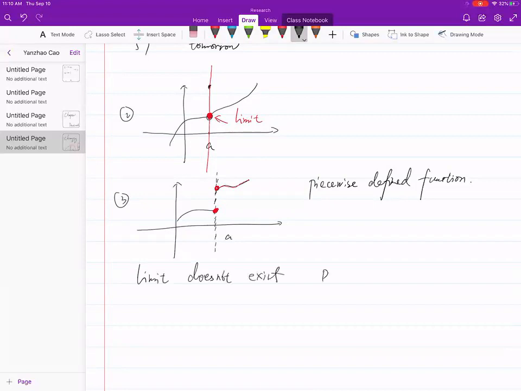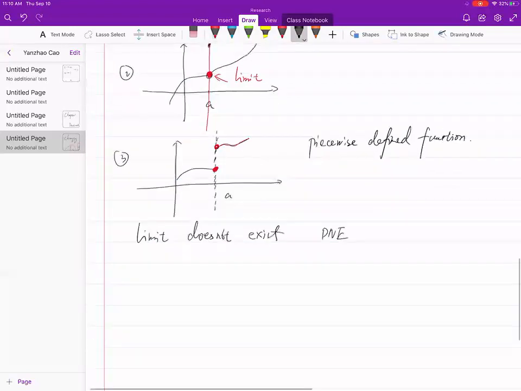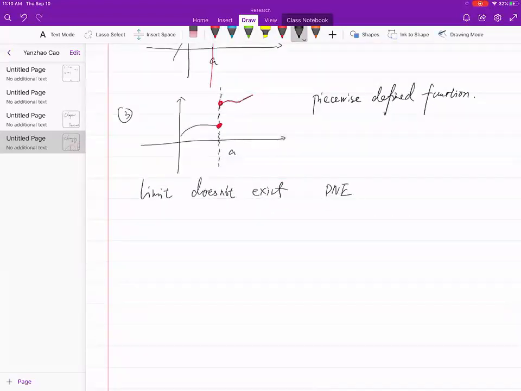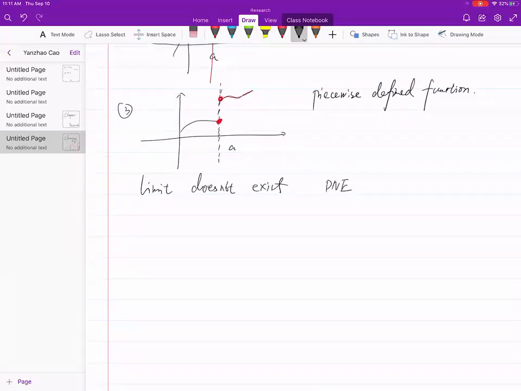The limit does not exist for this case, because on the left, I have one number. On the right, I got a different number. So there's no way I can tell which one is correct. Good so far? So for this case, what you really should do is check the left. You should check the right. Okay, and hopefully they are the same.